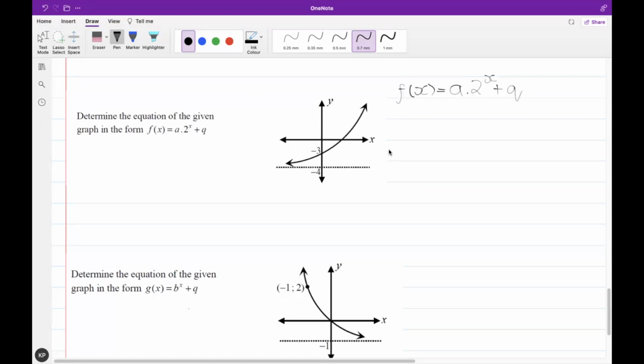It's not -1. Look carefully. It's okay. It's -4. So f of x equals a times 2 to the power of x minus 4. Great. Now, what's the next thing you're going to fill in?